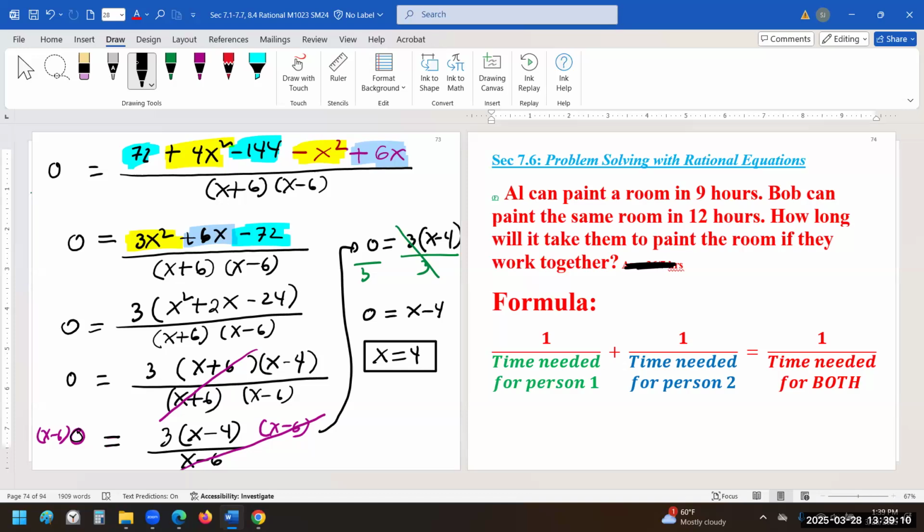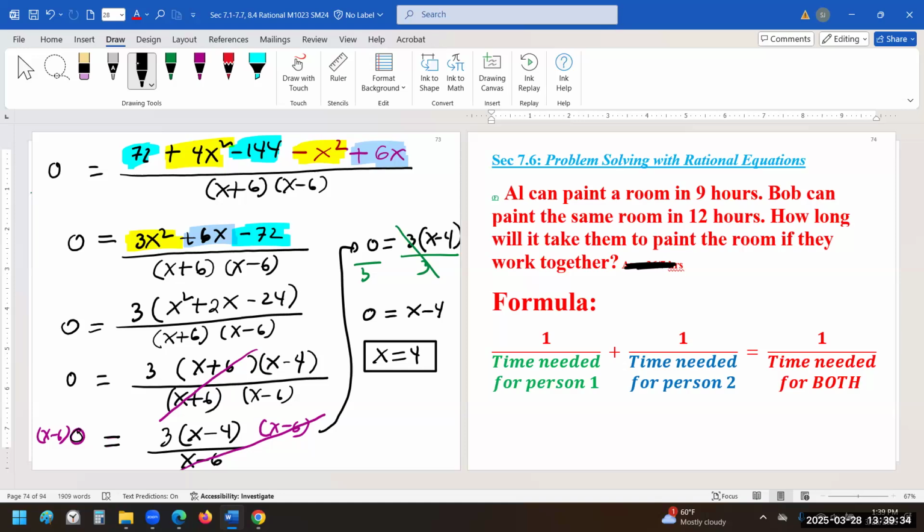And for this method, all you have to do is remember this formula. The formula says, it doesn't matter how many people are working, it's 1 over the time the first person needs, plus 1 over the time the second person needs, plus 1 over the individual time of however many people you have.